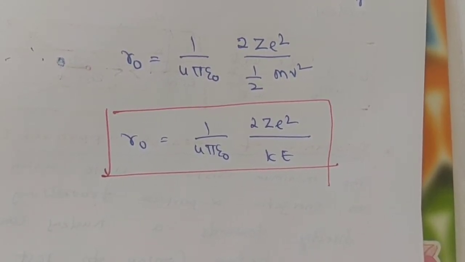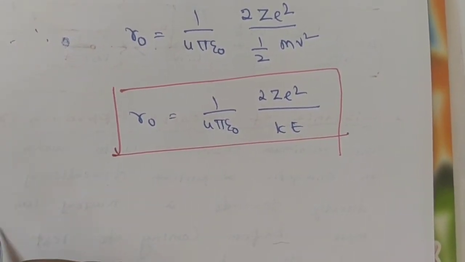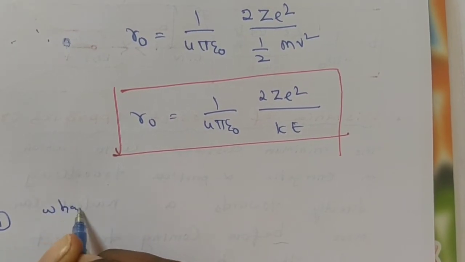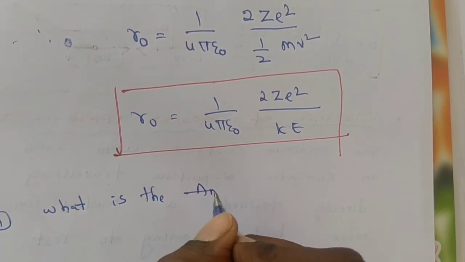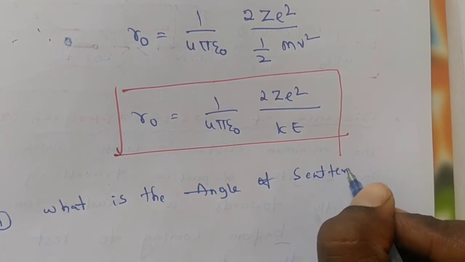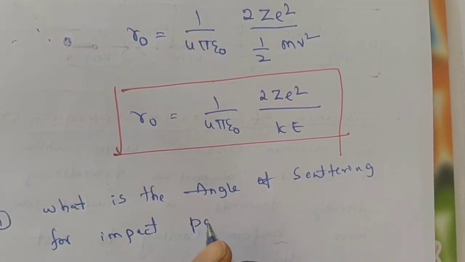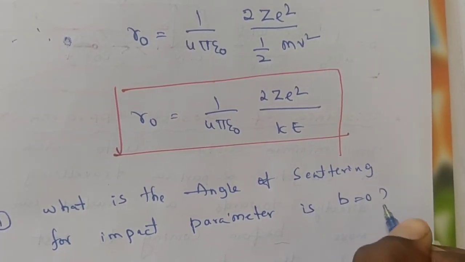Some questions will be discussed regarding the impact parameter and the distance of closest approach. Question number 1. What is the angle of scattering for impact parameter B equal to 0?